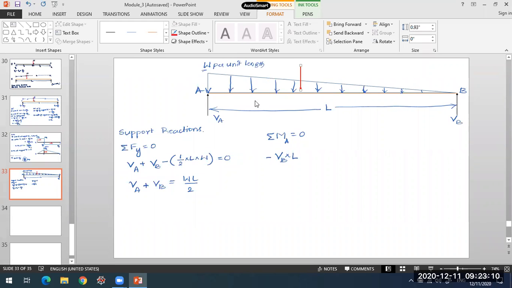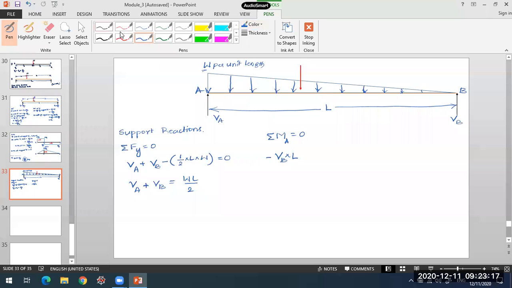Now the question is at what distance it will act. If you have studied CG and MI, there you have calculated the CG of a triangle. It will be at a distance of L by 3, one third of the base, from this end, whereas from the other end it will be 2L by 3.